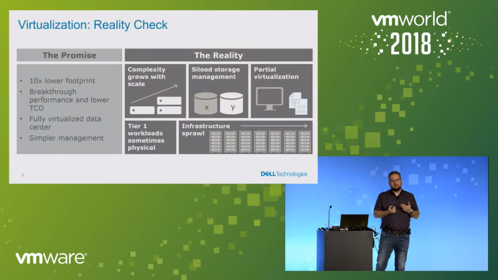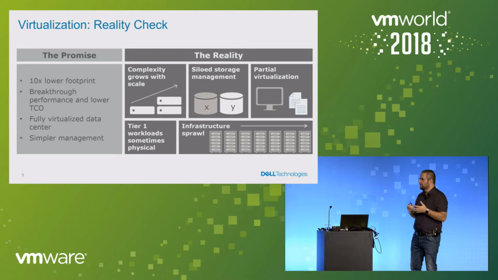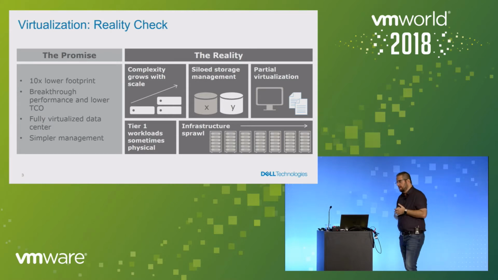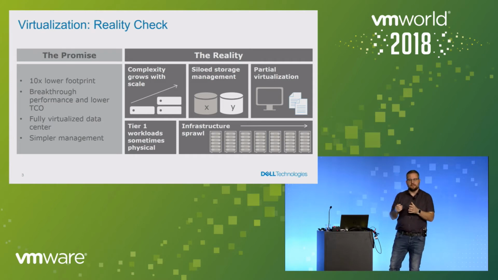When we think about virtualization, and especially when it comes to a reality check, virtualization was supposed to give us the ability to provision VMs as we go without any limit. And if you recall, when virtualization started many, many years ago, the pitch was, hey, why don't you consolidate these bare metal servers that don't do too much into larger bare metal servers that are running the ESXi kernel inside of them.